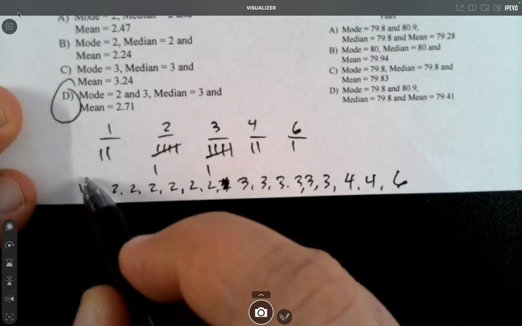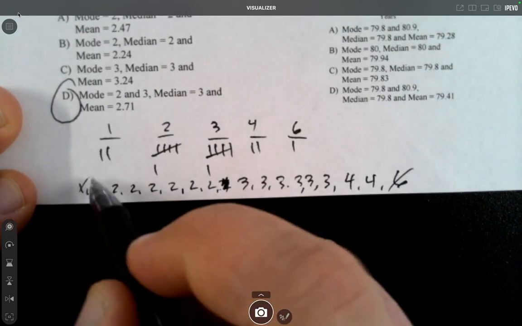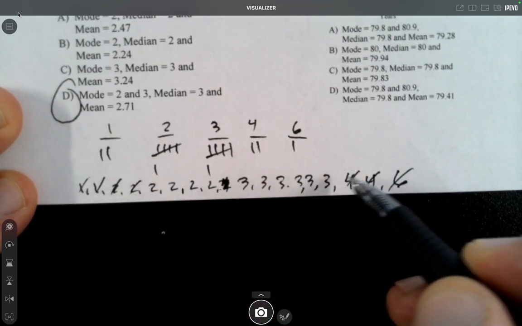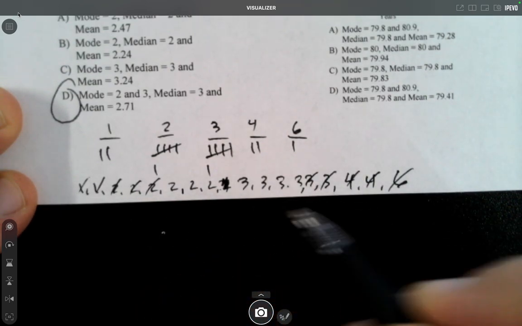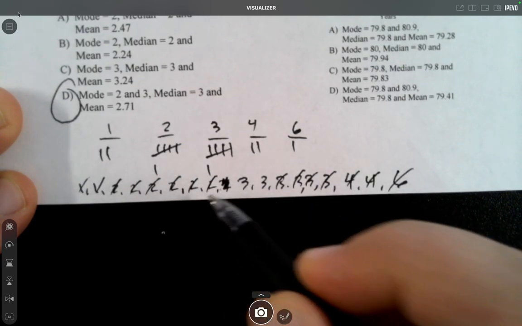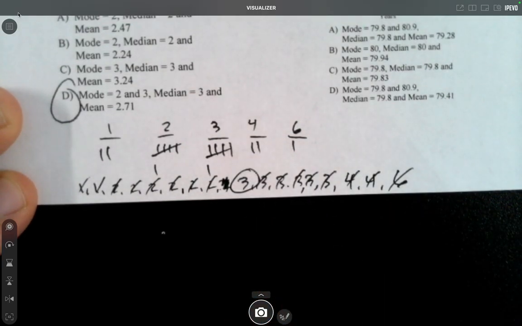So then remember, you cross them off one at a time on each side. And we get 3 to be the middle number, the median, which is confirmed right there.